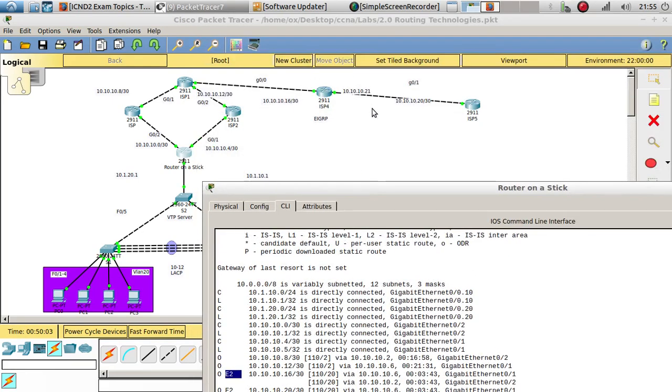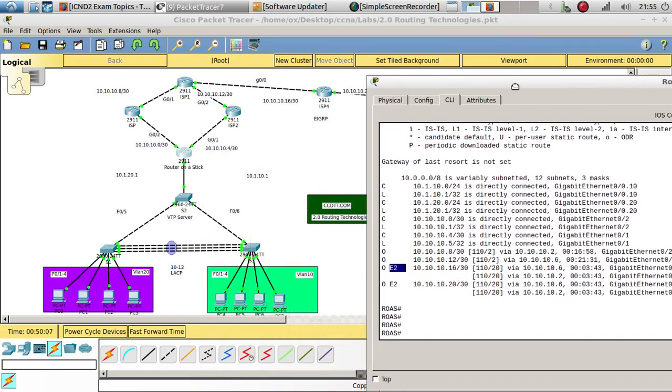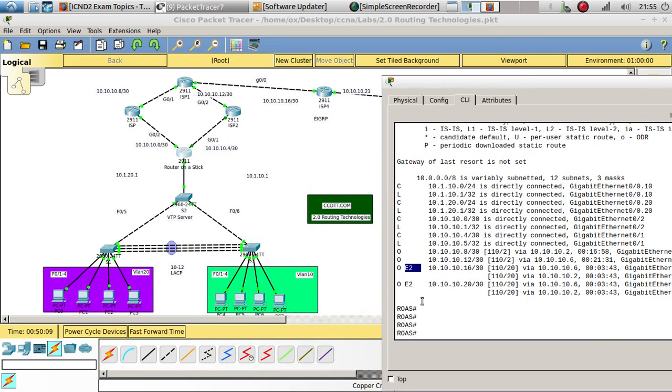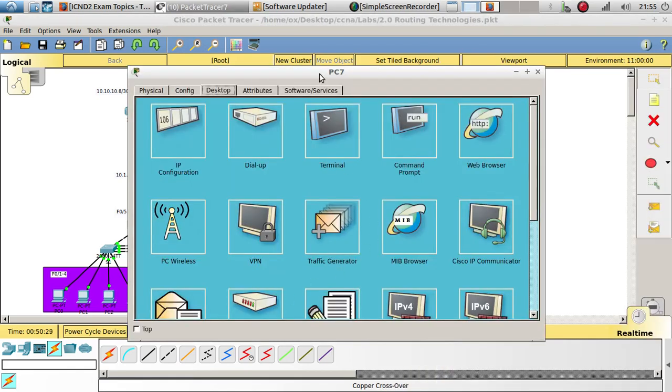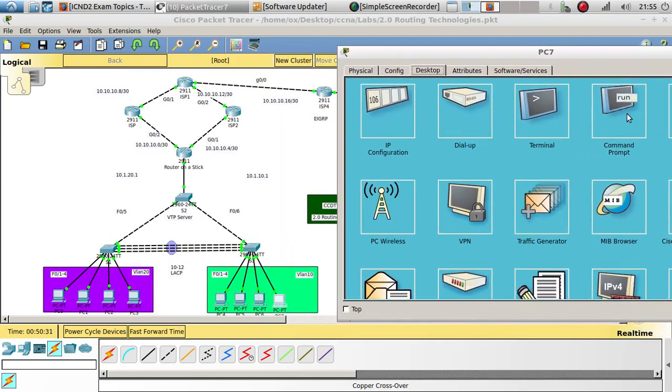Because we are now translating, and since it was translated effectively, now OSPF knows how to put it into the routing table. So now from this router, we should be able to ping this interface. There we go. Now we are able to ping this interface when we were not able to ping that interface before. We should also be able to ping it from this computer over here.